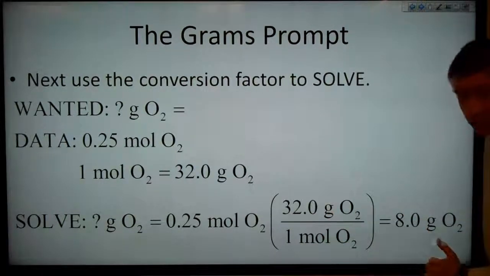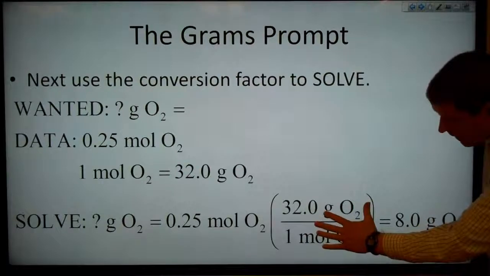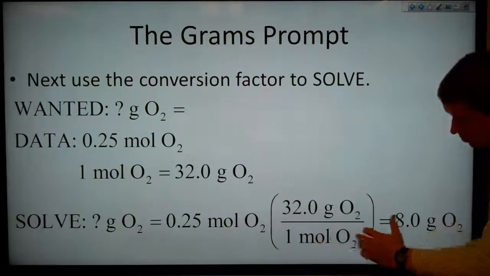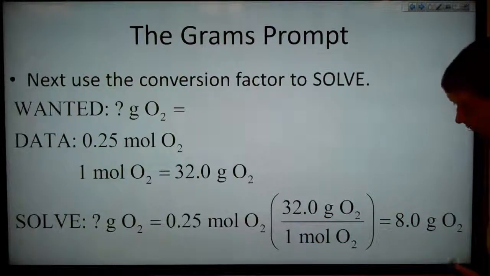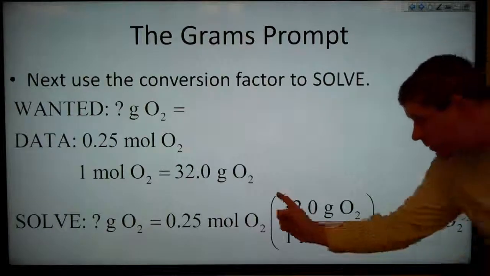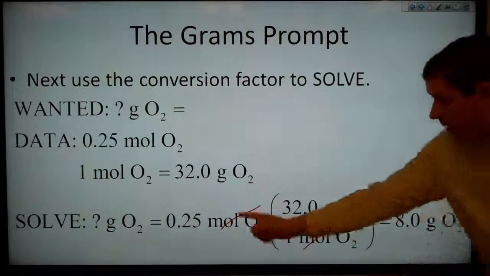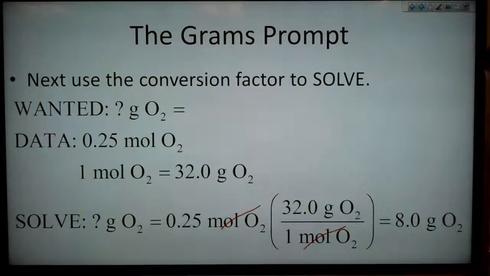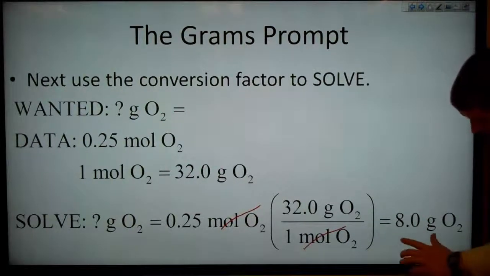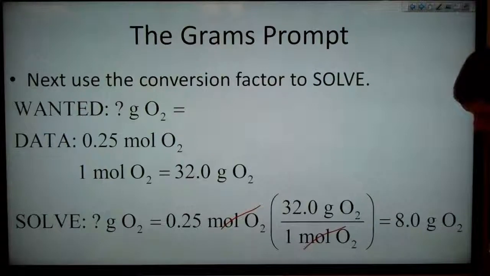And we want grams of O2 on the top, and then we write in 32 grams of O2 per 1 mole of O2. And now our moles of O2 cancel, and we have 0.25 times 32.0 grams divided by 1 mole, and we get 8.0 grams of O2.